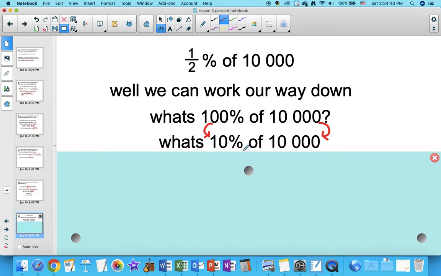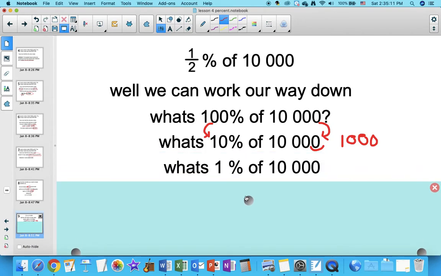If you remember, if you divide by a number with a 1 and just following zeros, you just move the decimal spot one place over. So you end up with 1,000, which is 10% of 10,000.